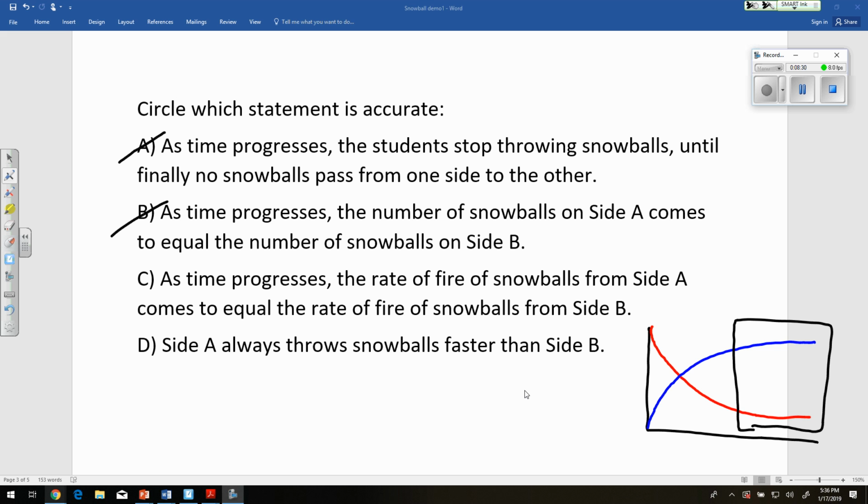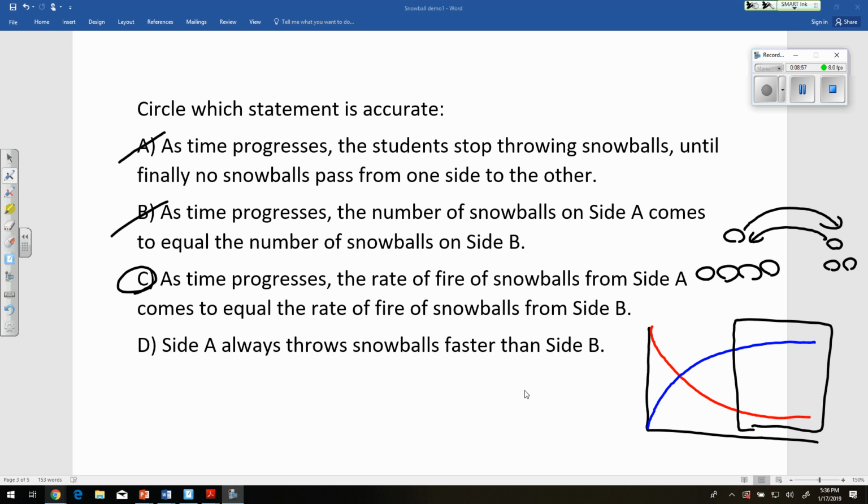What we're really seeing is when the rate of fire equals. So for every snowball that's fired from side A to side B, another snowball is fired from side B to side A. So let's say I have some snowballs here, I have some snowballs here. Every snowball that gets fired over here, there's a snowball that gets fired over here.